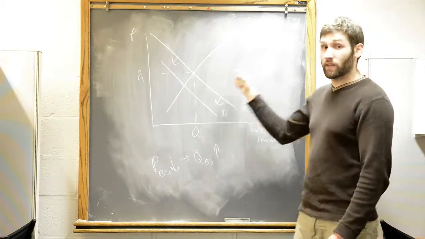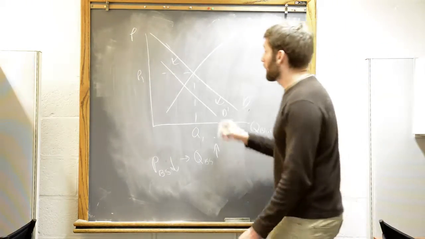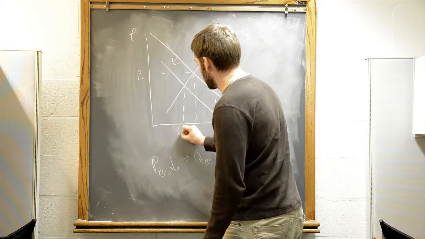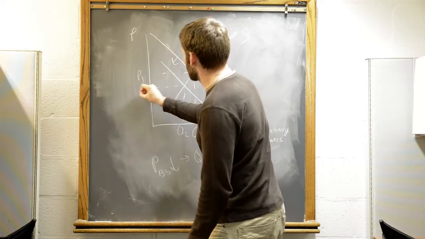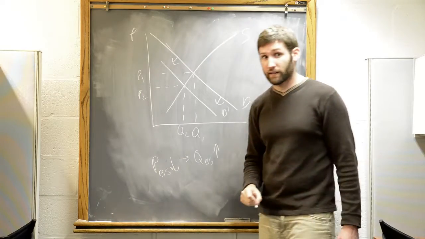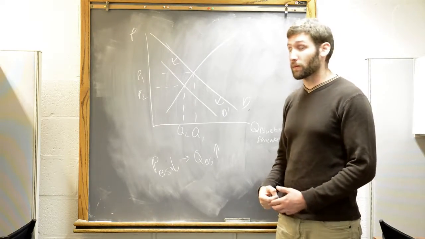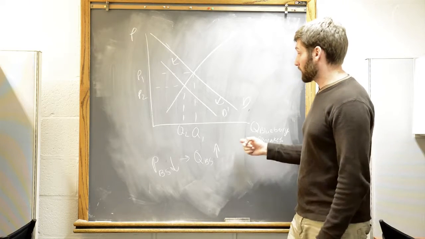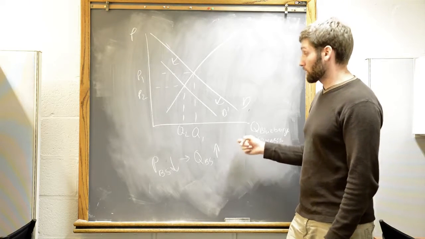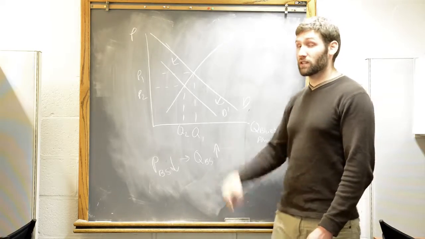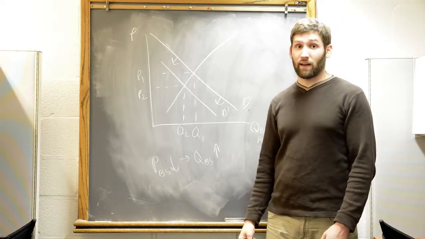So here we see a decrease in demand. Our new equilibrium quantity is Q2 and equilibrium price is P2. We've shifted to a new equilibrium because of the demand curve. People are going to buy fewer blueberry pancakes because blueberry scones, a substitute, are now less expensive.